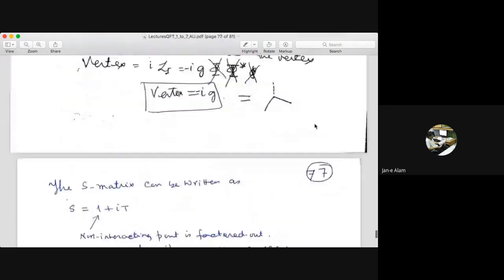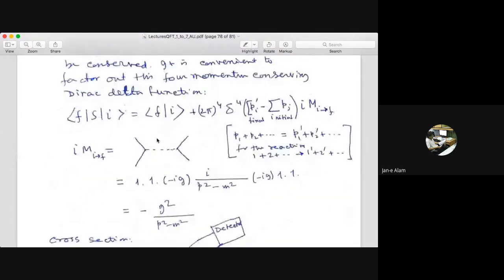Suppose you have a diagram where a capital phi particle and a phi bar particle, the particle and antiparticle corresponding to the complex phi field, are having a scattering, 1 plus 2 going to 1 prime plus 2 prime. The Feynman diagram for such a process in the leading order must be this.